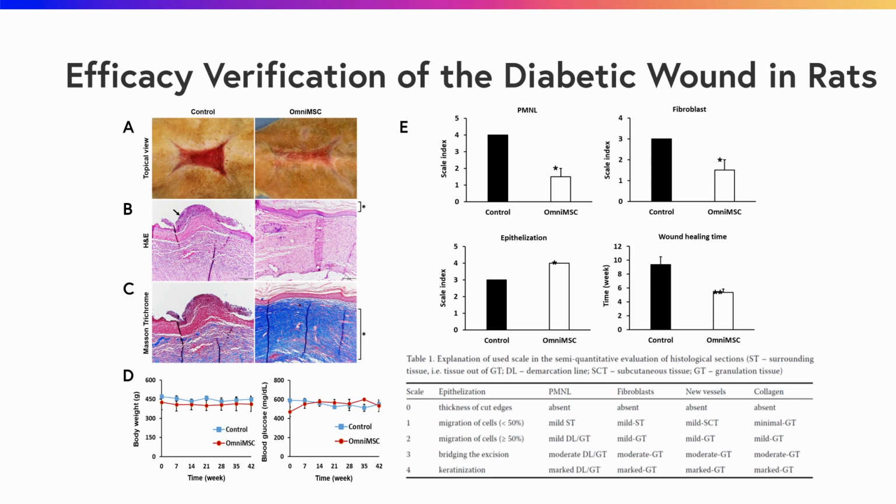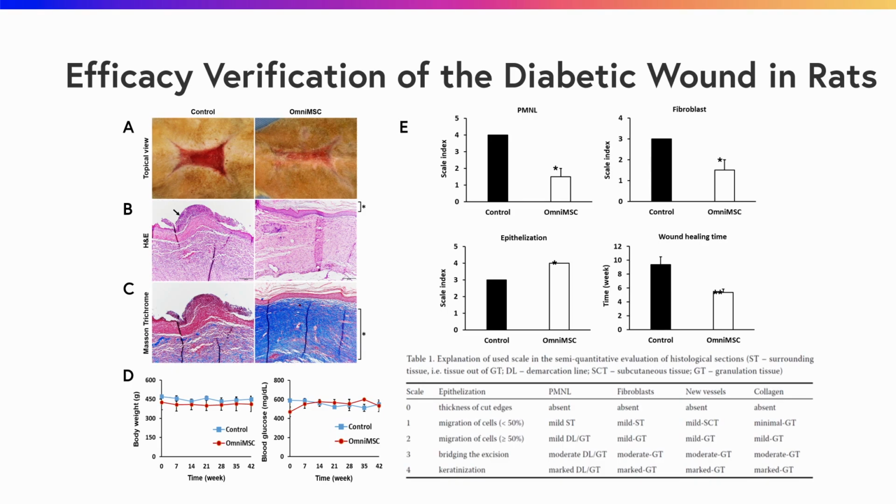When we transplanted mesenchymal stem cells into the muscle tissue, we can see the healing process is more efficient, and the healing tissue has more integrated skin and muscle, and also a high expression level of collagen.